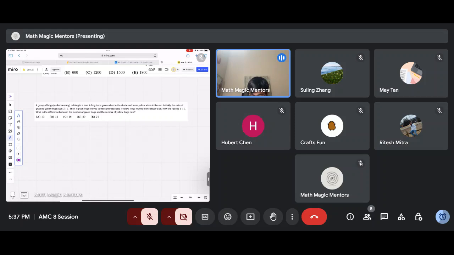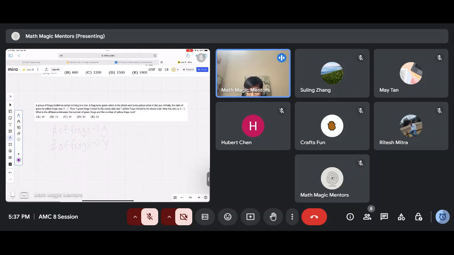A frog turns green when in the shade and turns yellow when in the sun. So what can I do here? Maybe I'll say number of frogs that are in the shade is G, and number of frogs in the sun is yellow.